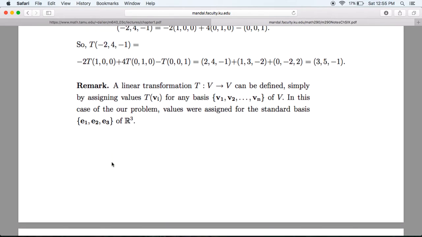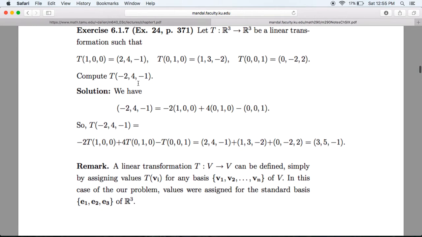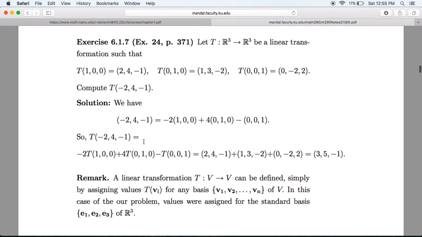So we see, with the help of this example, that a linear transformation between two vector spaces can be defined just by assigning the images of basis vectors.